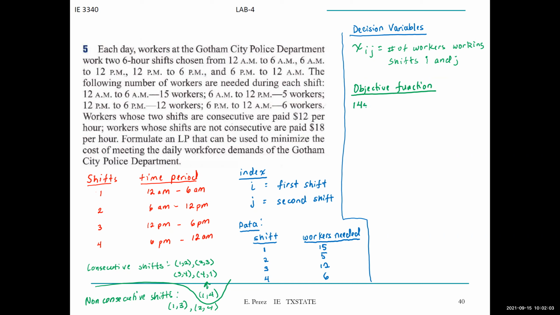These people at the end of the day will earn $144. Those are for consecutive shifts, so x12, plus x23, plus x34, plus x14.